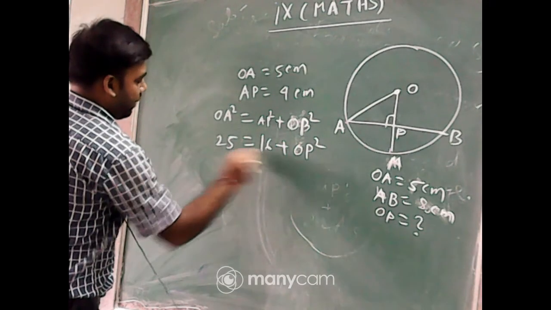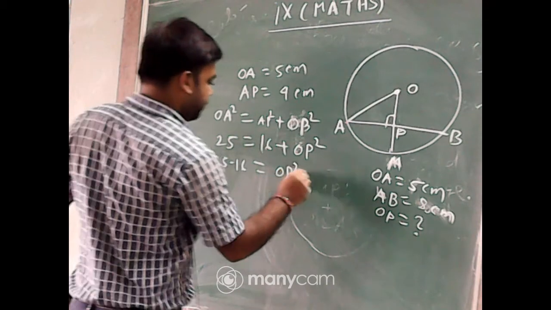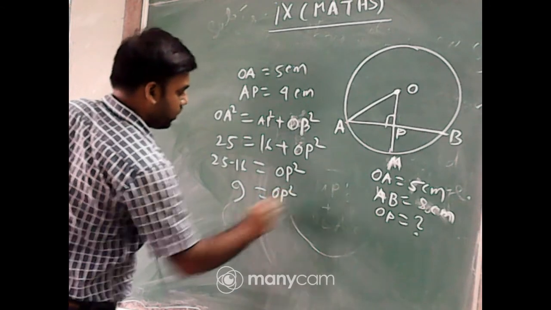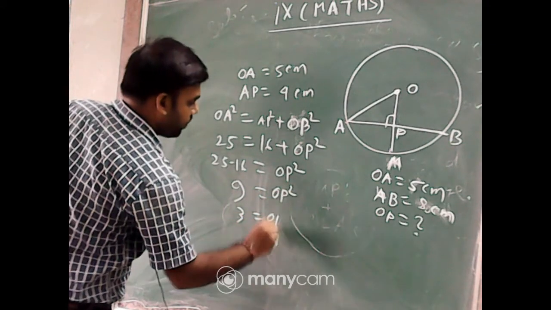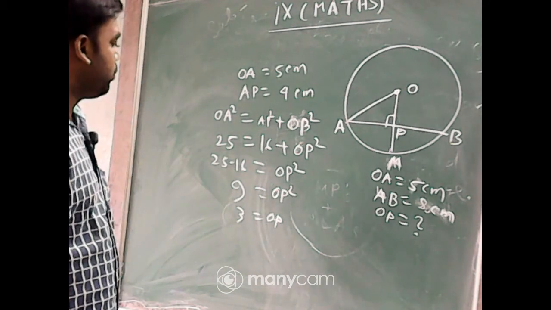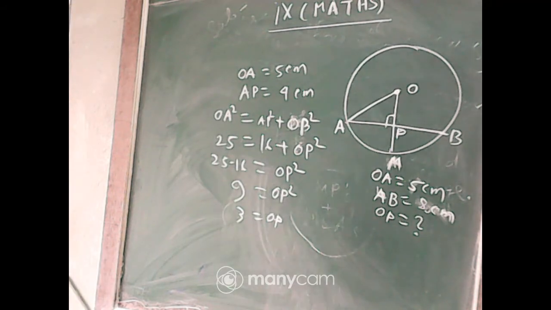So 25 minus 16, that is OP square, equal to 9. So OP equal to 3. So measure of OP is 3 centimeter. Got it, Nafisa and Amrita?